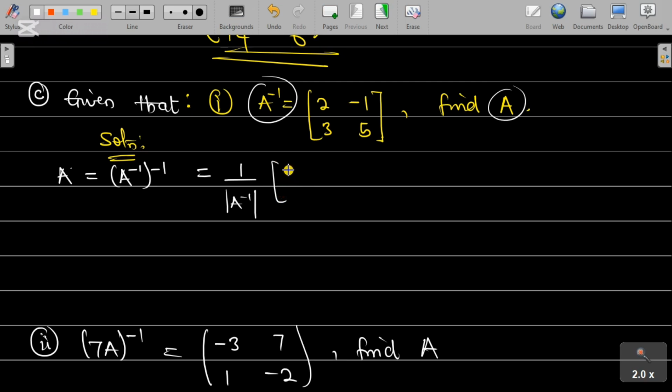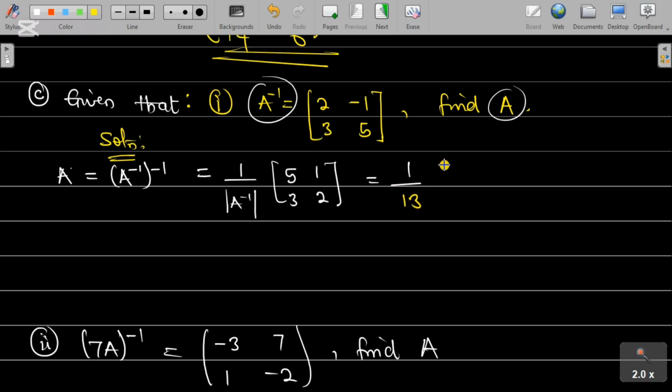So here we are going to have 5, and here we have 2, and then you take the negative of the left diagonal. So this one is going to be 1, and here will be 3. And what is the magnitude of this? That will be 1 all over 5 times 2 is 10 minus 3. You multiply this way, and that's going to give us 13.